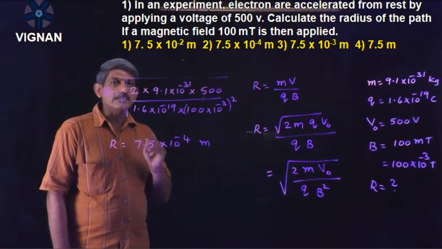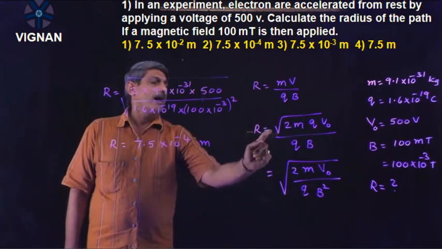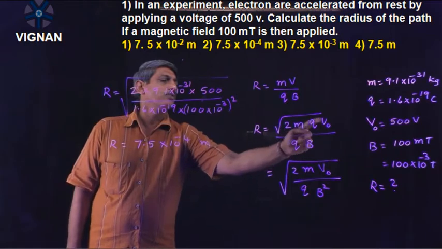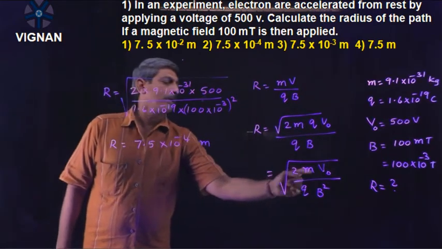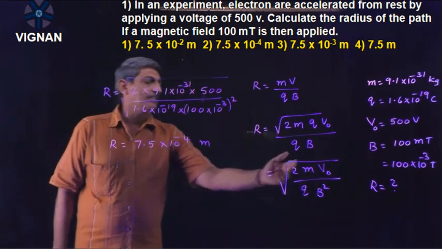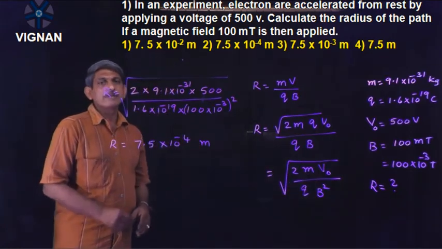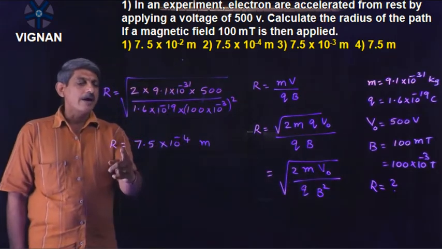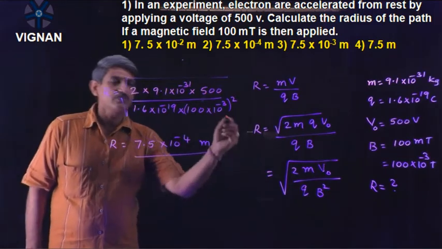In terms of the accelerating potential, the radius of the circular path is given by R is equal to square root of 2m q V0 by qB, which is equal to square root of 2m V0 divided by qB square. By substituting the m value, V0 value, q value, B value, and making the mathematical simplification, we get R is equal to 7.5 into 10 to the power of minus 4 meters.